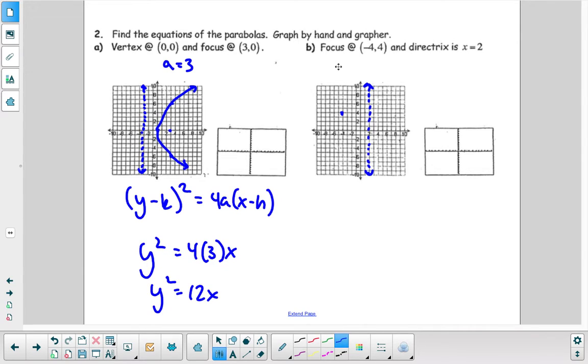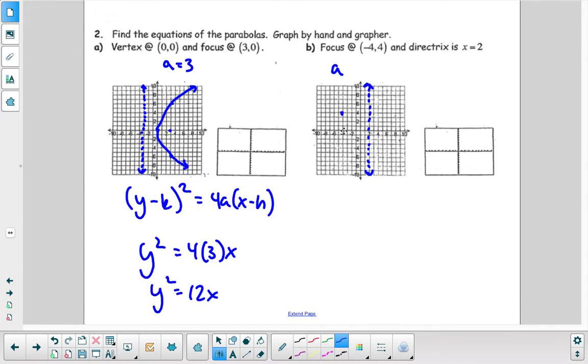We know that a is the distance from the vertex to the focus, and it's the same distance from the vertex to the directrix. So that means halfway between. The vertex is halfway between these two things, and it's perpendicular to the directrix. So it's along this line.